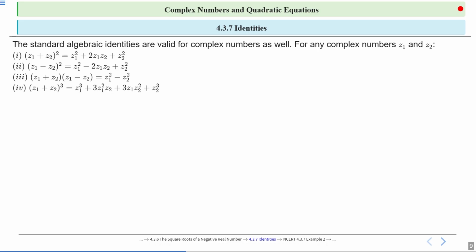Fourth identity is z1 plus z2 whole cube equals z1 cube plus 3 times z1 square times z2 plus 3 times z1 times z2 square plus z2 cube. And the fifth identity, z1 minus z2 whole cube equals z1 cube minus 3 times z1 square times z2 plus 3 times z1 times z2 square minus z2 cube.